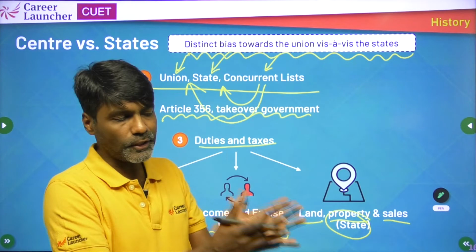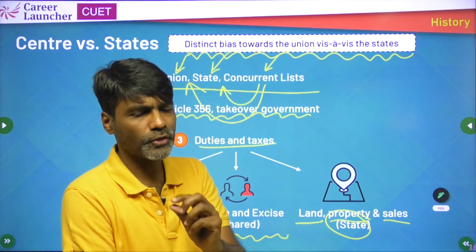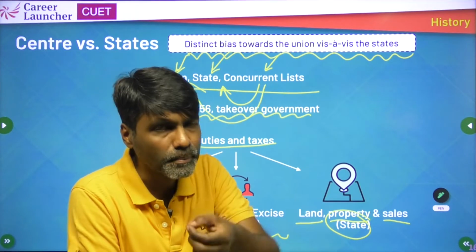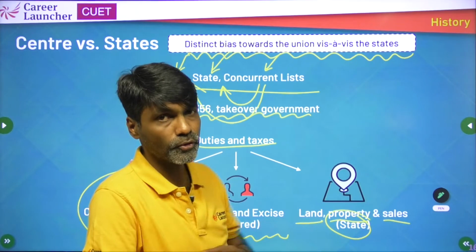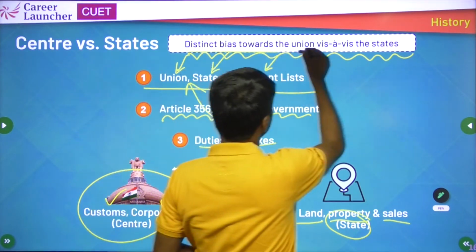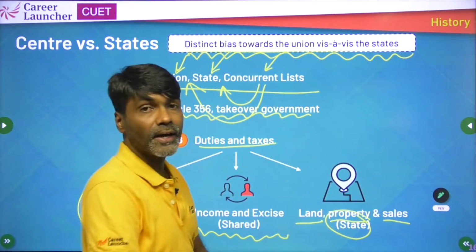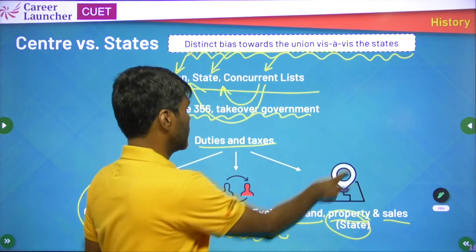Okay? And as we proceeded in the last 75 years, there were amendments that have happened which tried to restore a little bit of a greater balance towards the middle. But at the time of Constitution framing, this is something that you must keep in mind, and this itself could be a true or false kind of a question for you. Keep moving.